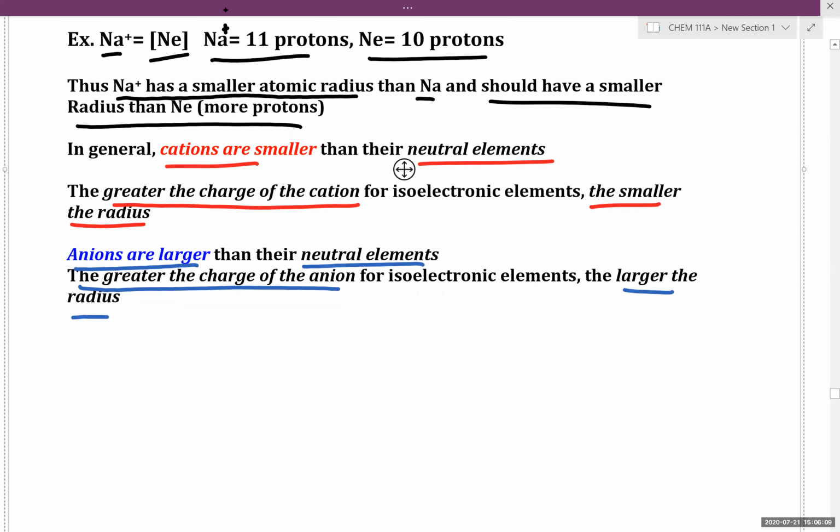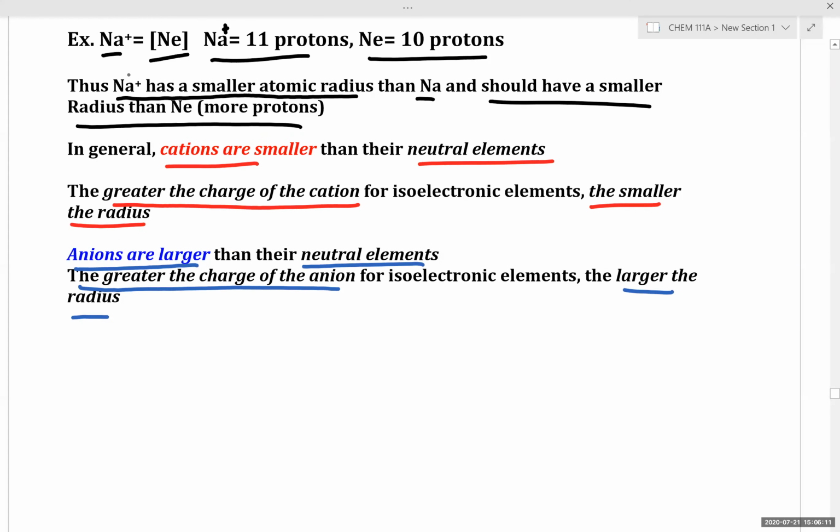So just to do an example, if we look at S2 minus, sulfur 2 minus has the same configuration as that of argon. However, if we compare sulfur and argon, if we look at the periodic table, we see that sulfur has 16 protons.